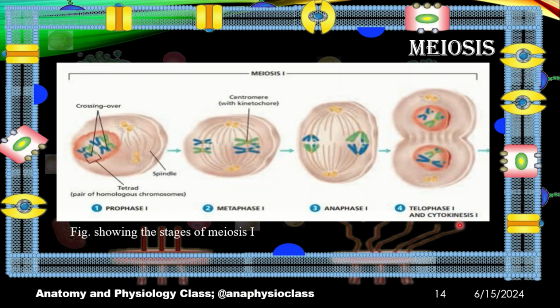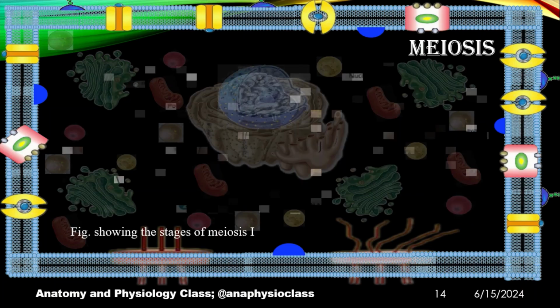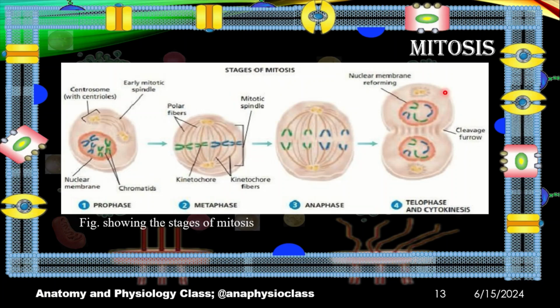So take note of this, because in mitosis, after the cell is divided into two daughter cells, each and every cell is having a diploid number of chromosomes.